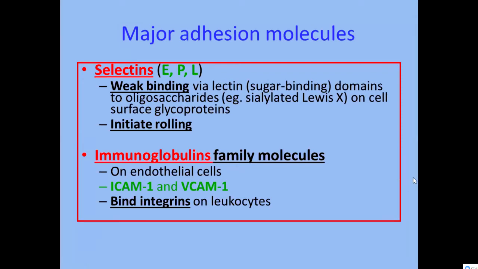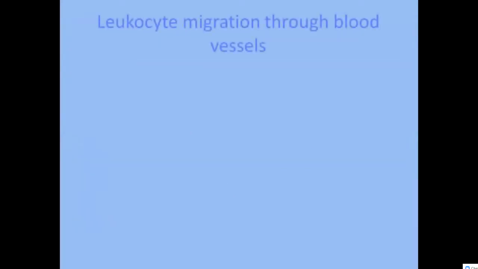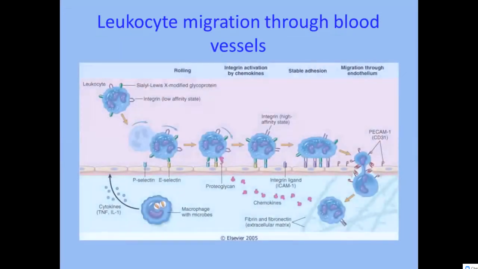And the next step is leukocyte migration. Leukocyte migration across the endothelium. Across the endothelium, the neutrophils migrate.